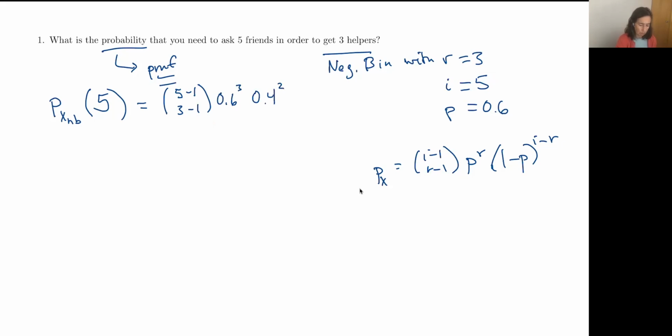So 4 choose 2 times 0.6 cubed times 0.4 squared. That gives you a number, and that number is 0.2074.